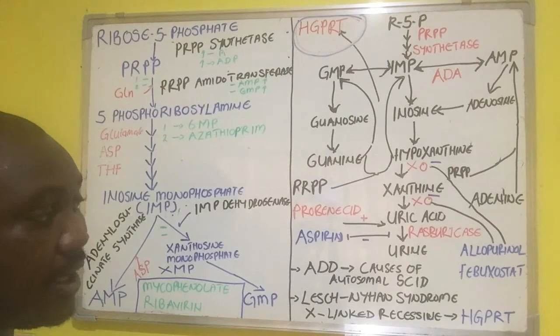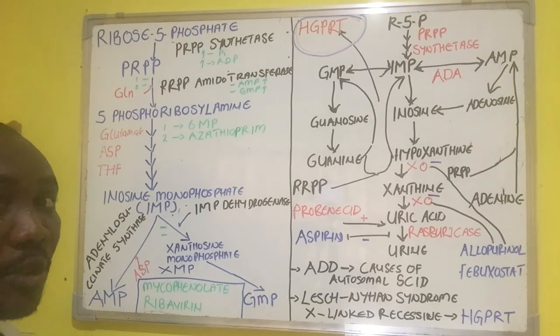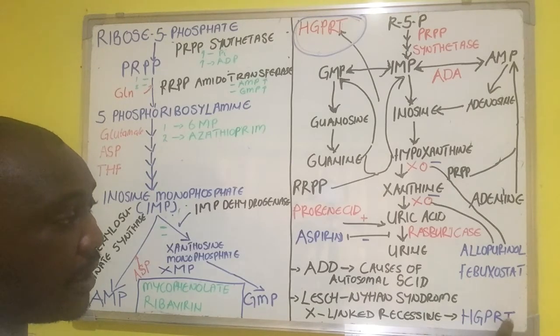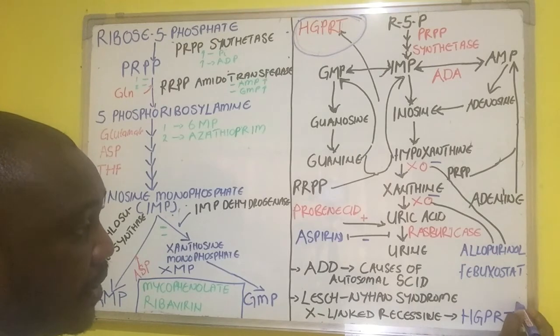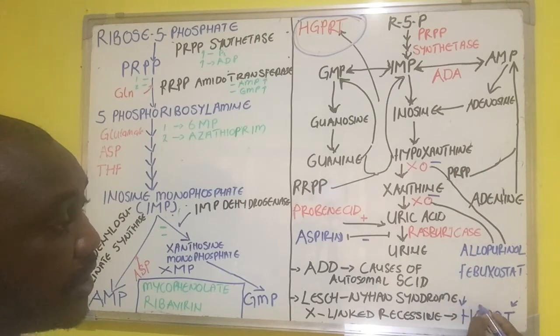And we know the clinical presentation of Lesch-Nyhan syndrome includes dystonia. The patient normally has dystonia. Then, as I said, hyperuricemia.